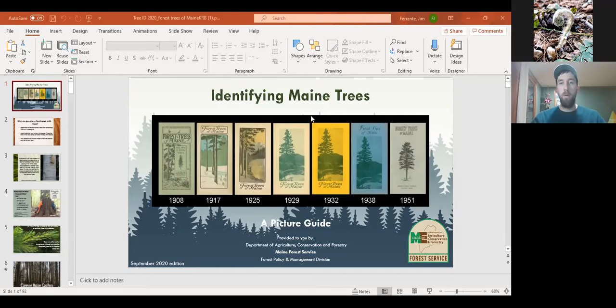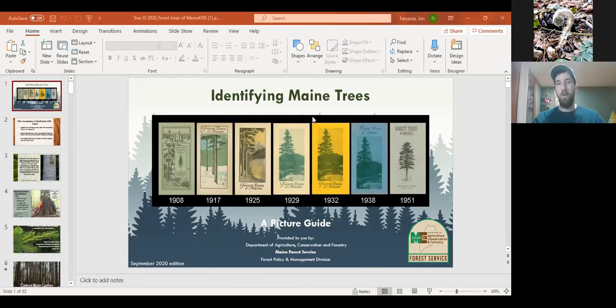A dichotomous key is basically a sort of choose-your-own-adventure for identifying the plant that you're trying to figure out. For each step in the key, there are two questions, and based on how you answer them, it leads you to another section. So that's a brief way of explaining how that works.